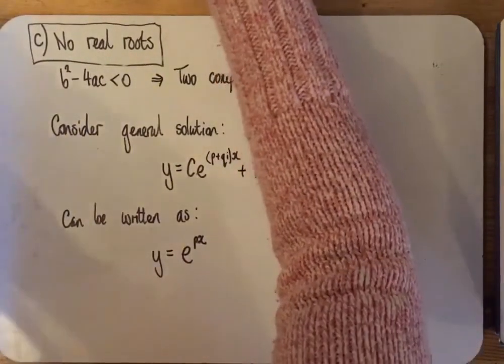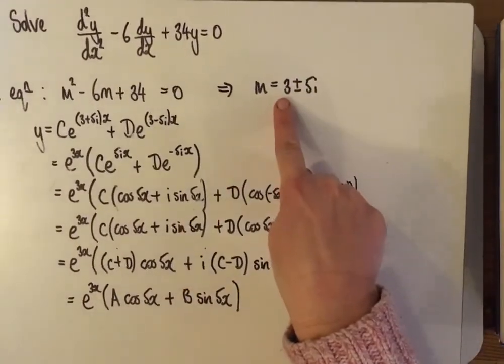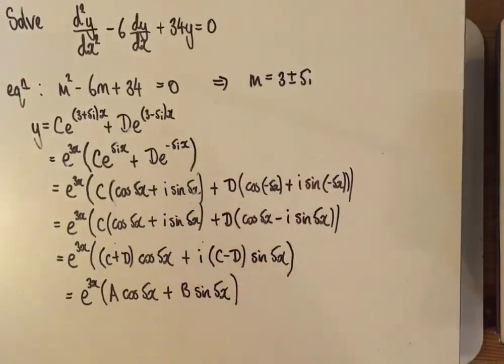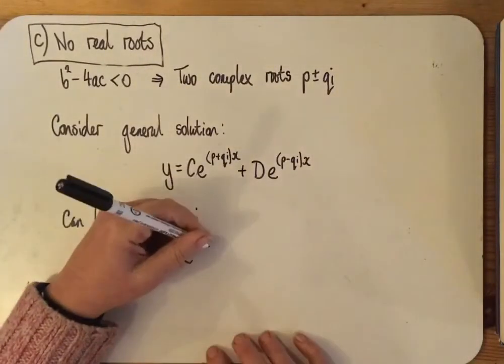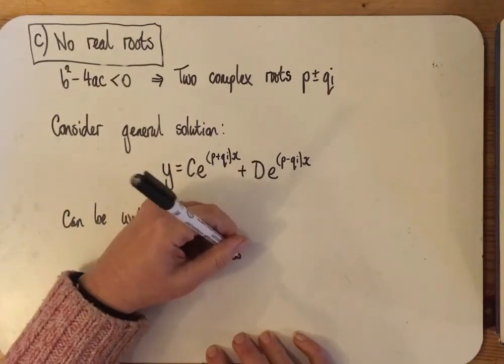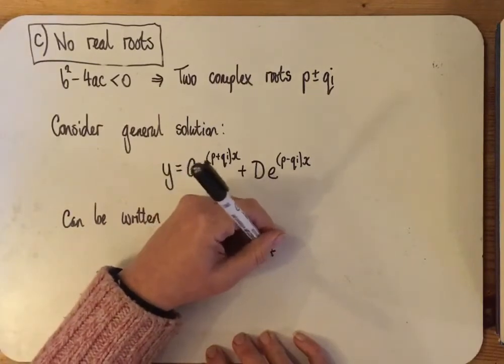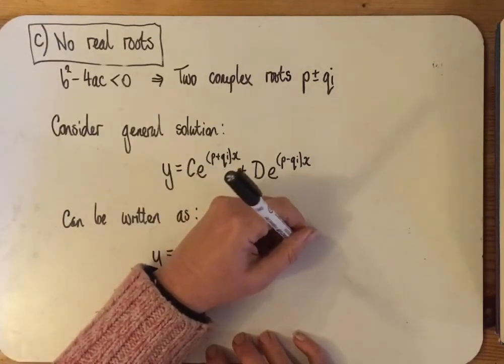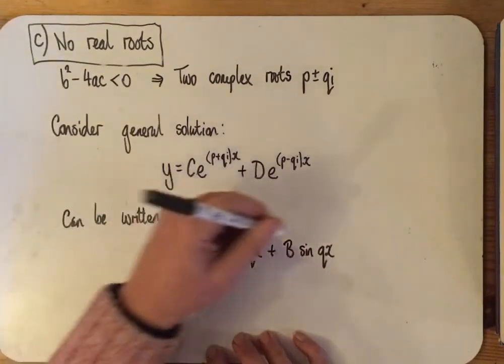So that's equivalent to me here having this e to the 3x. So that's the real part of my complex root. And then it's a cos qx plus b sine qx.